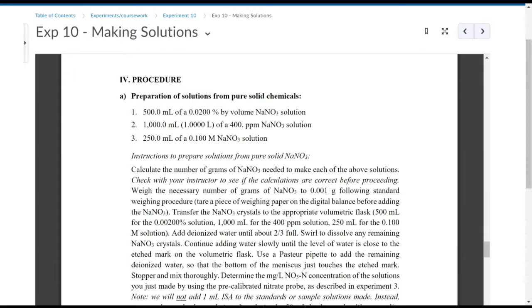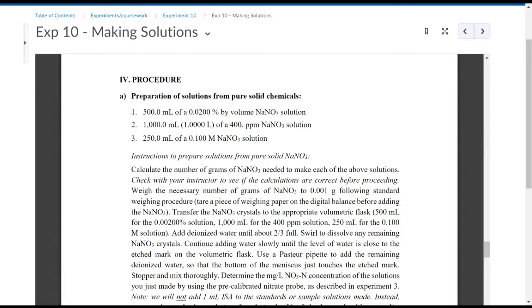Point 0.1 gram, right? 0.1 gram, that is going to be 100 milligram.